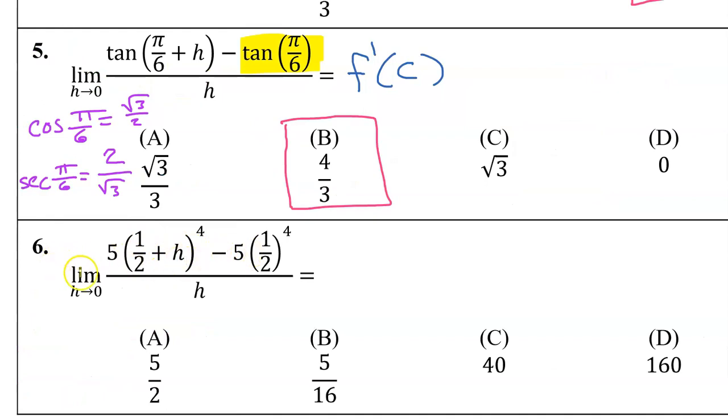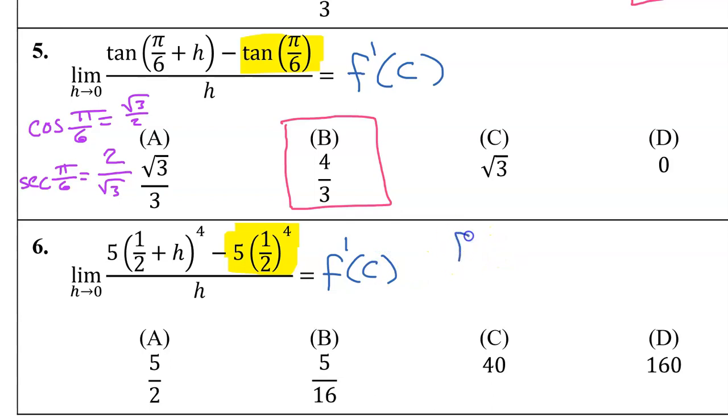Number 6 is the same type of problem, so I'm going to do this more quickly. Look at the last term in the numerator. This is going to tell us the f of x, and it will tell us the c value. And eventually we will be evaluating f prime at c.